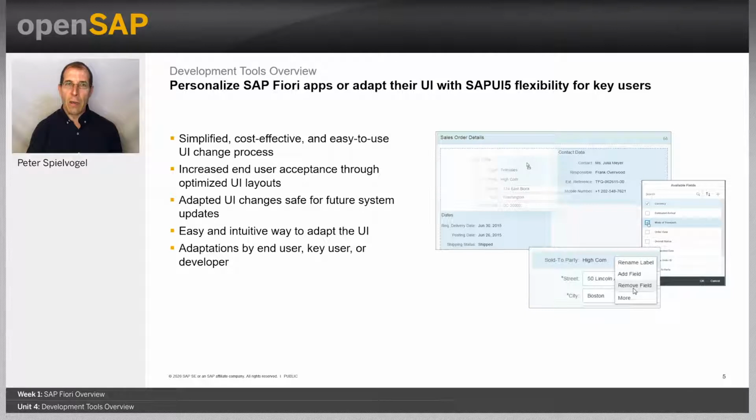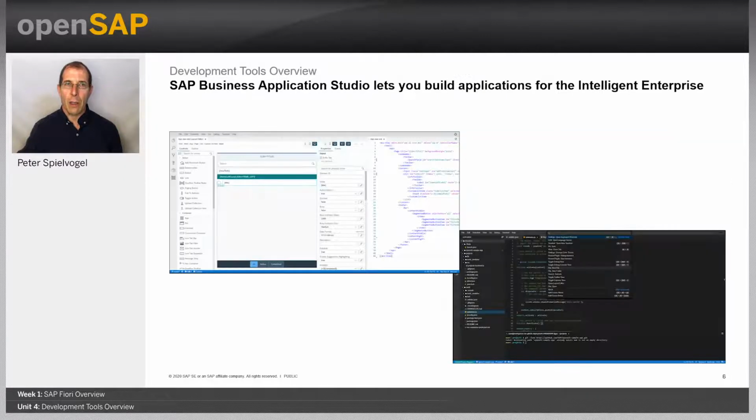For more extensive changes to an app from the Fiori App Reference Library, you can use our development tools to extend the functionality or fine-tune the appearance. As you move towards becoming an intelligent enterprise, it's very likely that you'll need to build your own apps to address your unique business needs. This will be the focus for the majority of this unit.